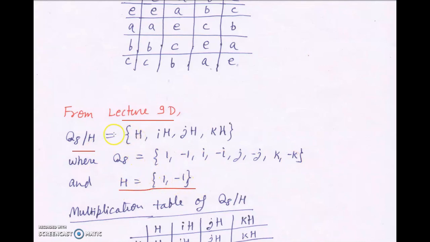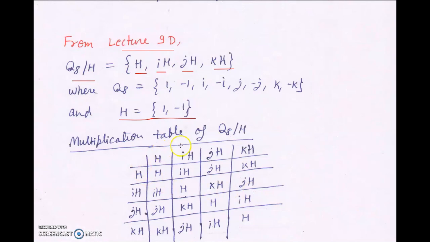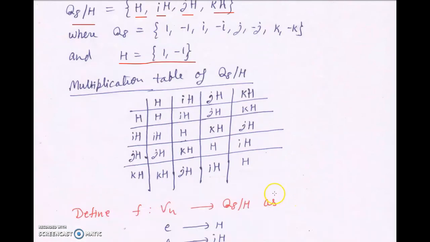It is a normal subgroup, so we can make a quotient, and we have 4 cosets H, IH, JH and KH. If we fill its multiplication table, which has been left as an exercise in lecture 9D, you can check whether you have filled it correctly or not.